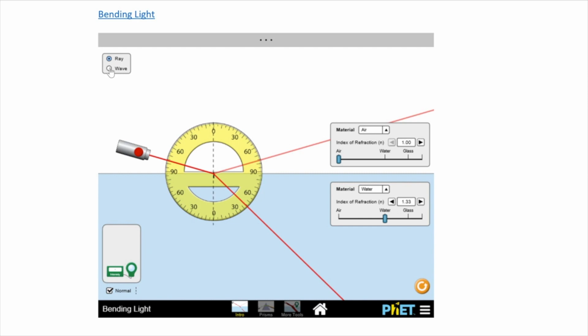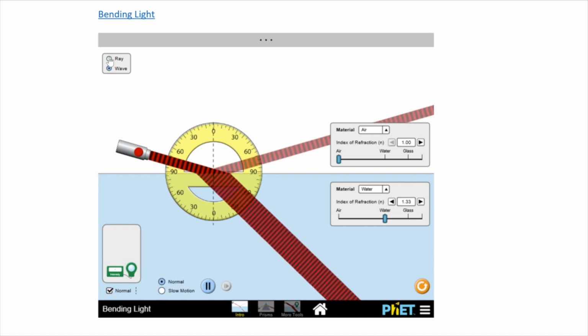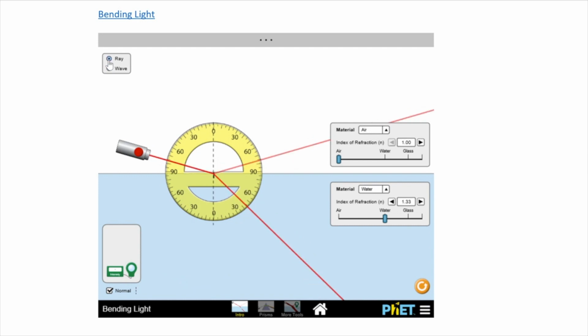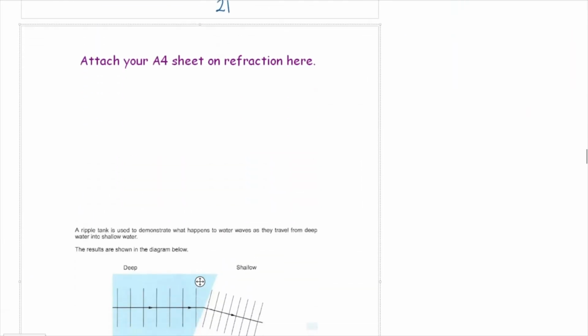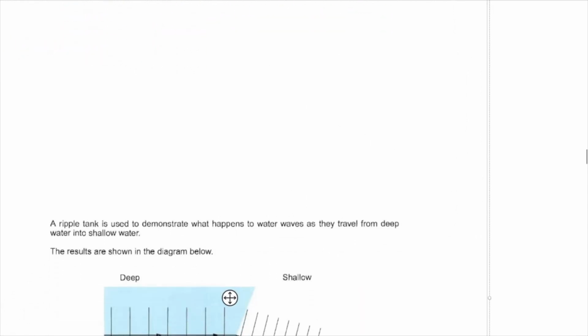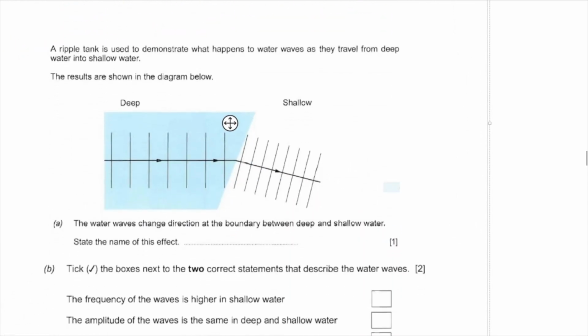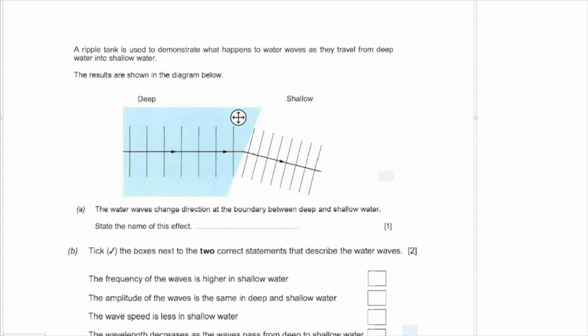Now we can show the wavefronts. So those are the wavefronts, and that's the ray. So when you've done the experiment, you stick that sheet there. And it's time for you to do some questions on today's lesson.